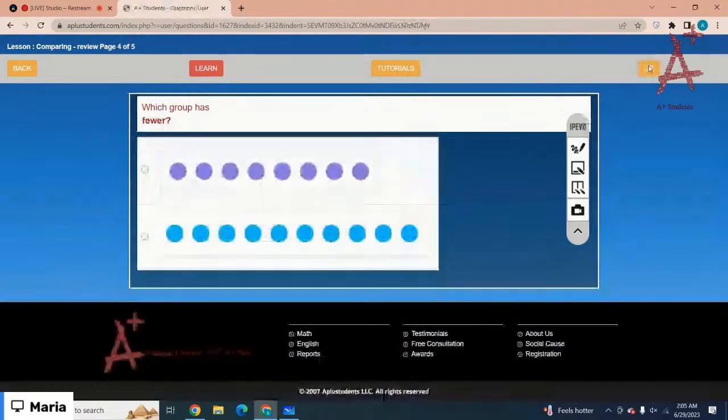Okay, which group has fewer, purple or blue? Which one has fewer? Yes, the purple group has fewer dots.